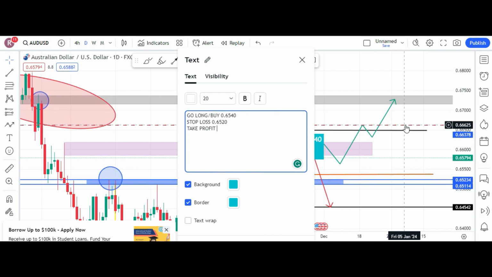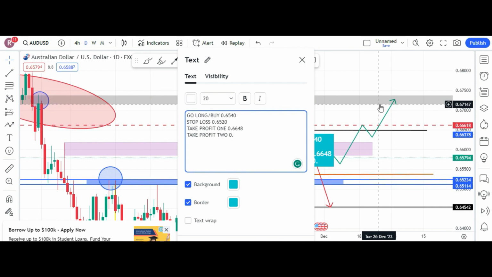0.6662, maybe conservatively here, 0.6648, something like this. And if you define it correctly, you can divide it into take profit 1, and if we go for take profit 2, why should we go to this area?